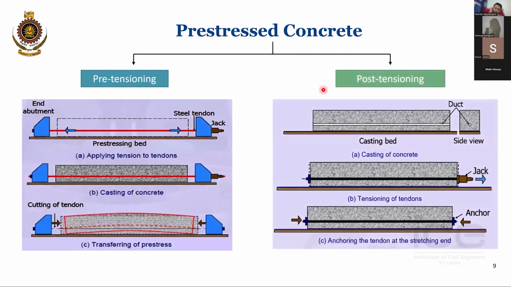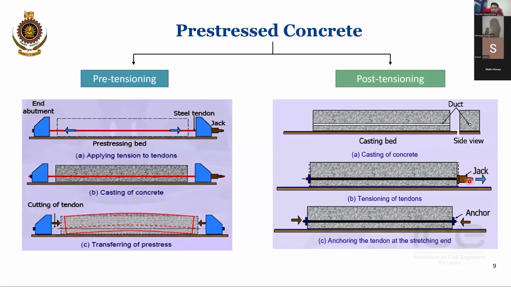And the other way of applying this force is post-tensioning. Post-tensioning means after you do the concrete. So when you're doing the concreting, you leave aside a duct like this, a free space where you can insert the tendon later. And then a wire or tendon is inserted and anchored from one end.